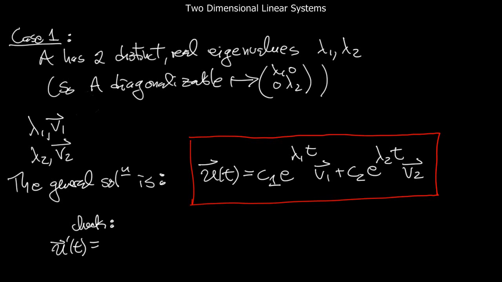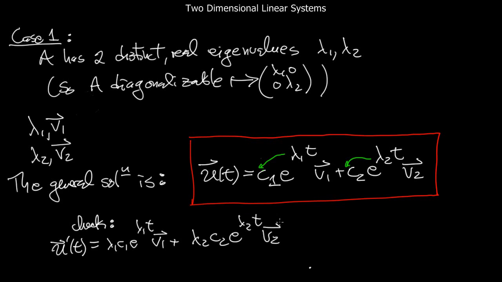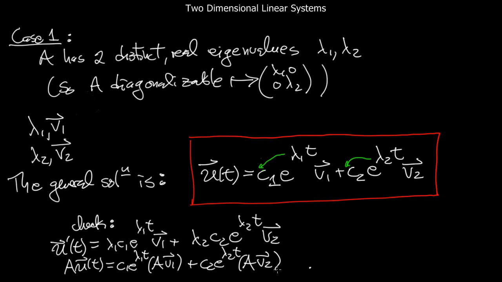If you take u prime, when you take the derivative of this thing, the lambda 1 pulls down and the lambda 2 pulls down. So you get lambda 1 c1 e to the lambda 1 t times v1 plus lambda 2 c2 e to the lambda 2 t v2. And I'm hoping that that's equal to A applied to u of t. So let's write that down. A applied to u of t is what? Well, c1 e to the lambda 1 t is a constant, so you just pull that out and you get A v1 plus c2 e to the lambda 2 t A v2.